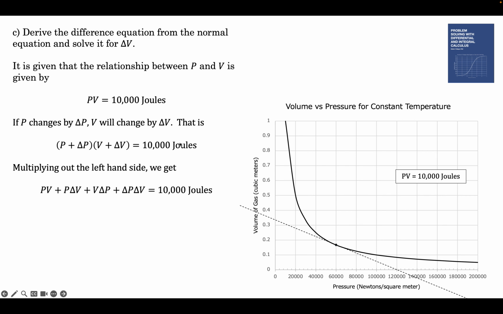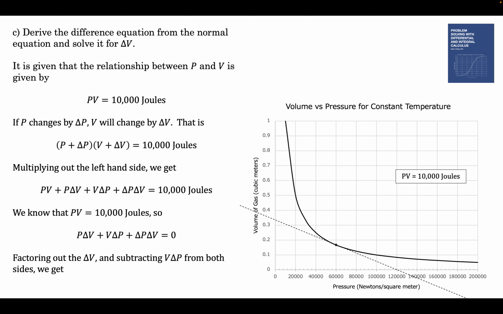So now we can multiply this out. This PV is 10,000, we know that. So we can subtract this from both sides. Subtracting PV from both sides, which is 10,000, will give you a 0 over here, and it just gives these 3 terms on the left-hand side. So we know the total is 0, which means as one goes up, the other one has to go down.